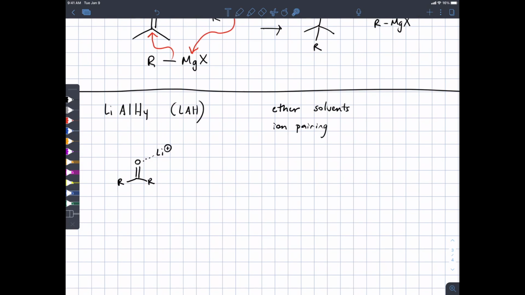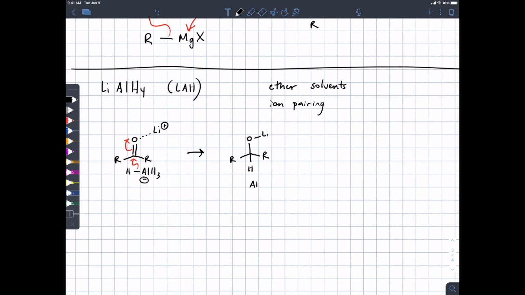And at the same time, because of ion pairing, that lithium is going to bring the aluminum hydride reducing agent close to the ketone, and then you can do the classic addition to a carbonyl to get this reduced intermediate.